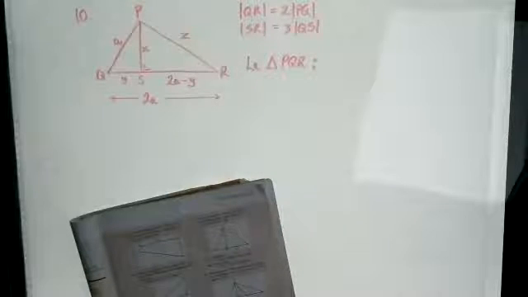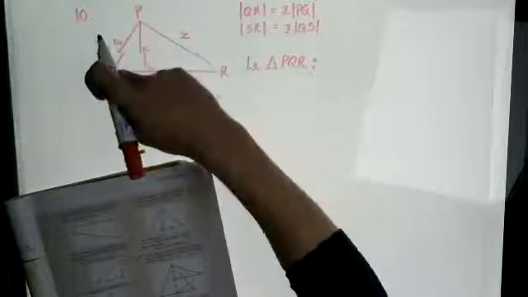So now let's go to the diagram and begin to label it. Okay, so we have triangle PQR, so PQGR.